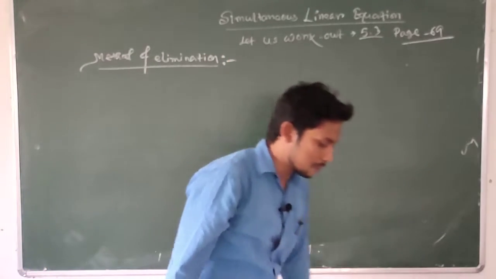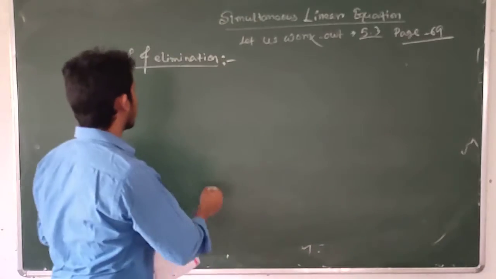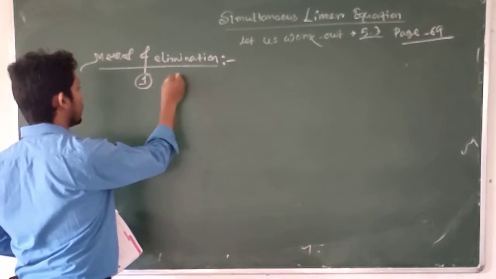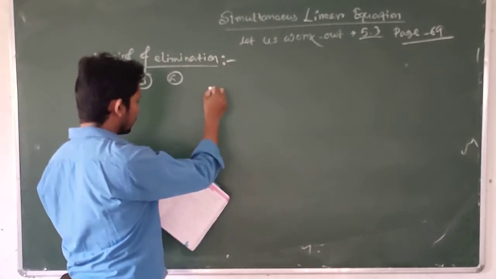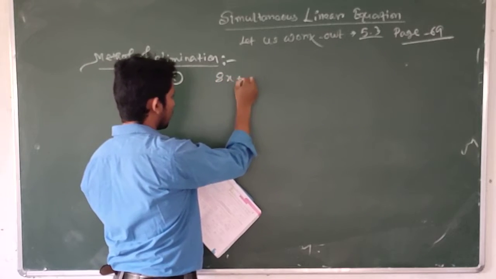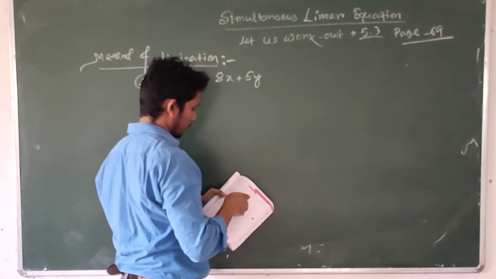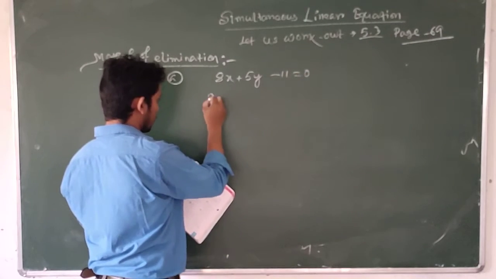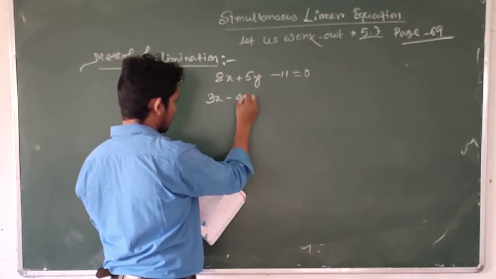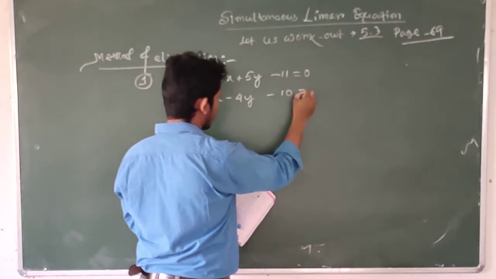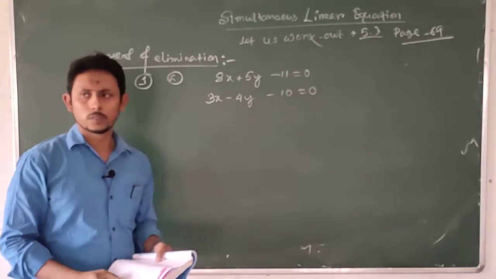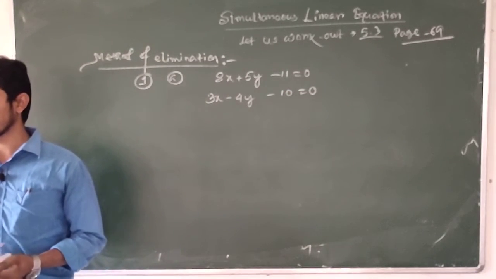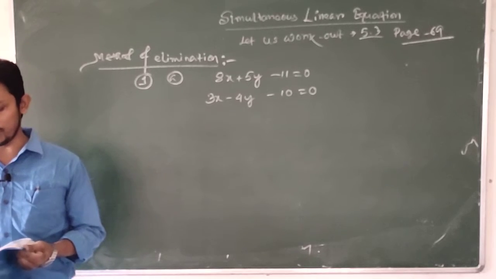Let us take any two equations from your questions. Actually 1a, I am taking 8x plus 5y minus 11 equals to 0 and 3x minus 4y minus 10 equals to 0. So what is the method of elimination?